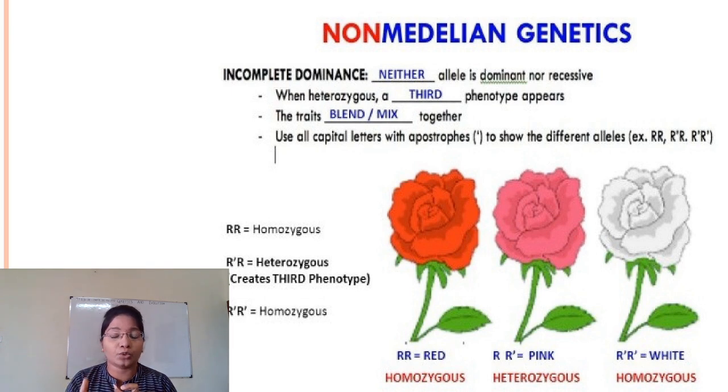That means the two characters blend or mix together. Here in this example, there is a red flower color and a white flower color. But in the heterozygous condition, the F1 generation does not produce red or white. It produces a new phenotype, the pink variety.